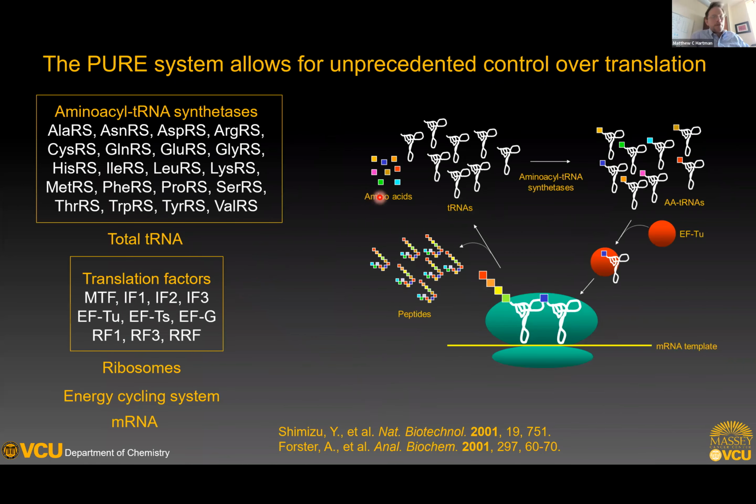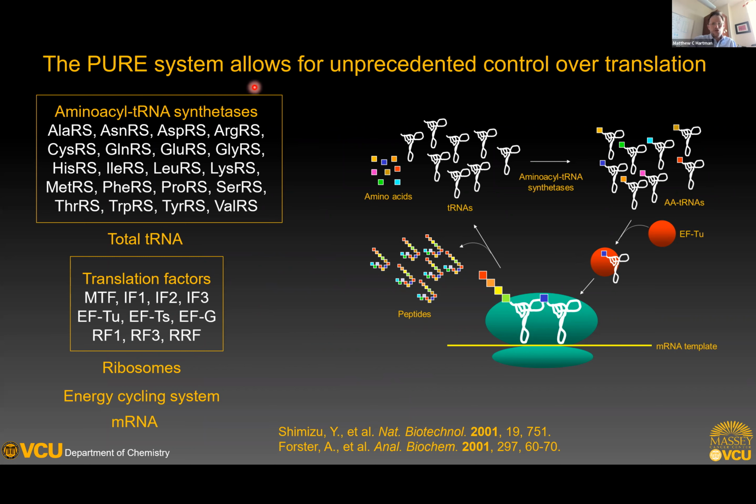So we could do all this and do all this work in vivo, but that becomes complicated because keeping organisms alive when you manipulate and mess around with their genetic code is pretty tough. And so for the rest of this talk, all of the work that I've been doing has been using a reconstituted translation system called the PURE system. It's commercially available, but the commercial system doesn't allow you to really control things very well.